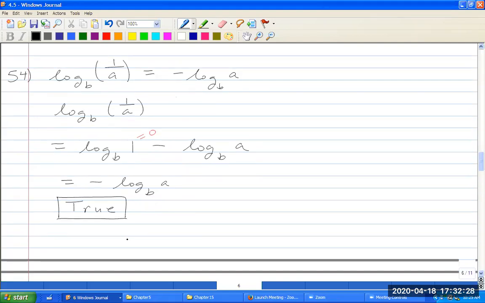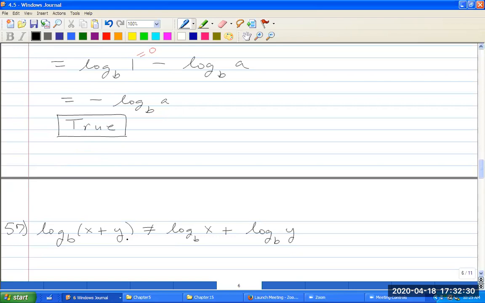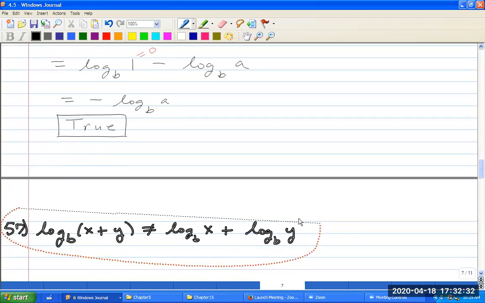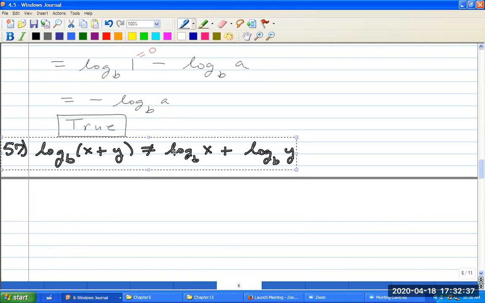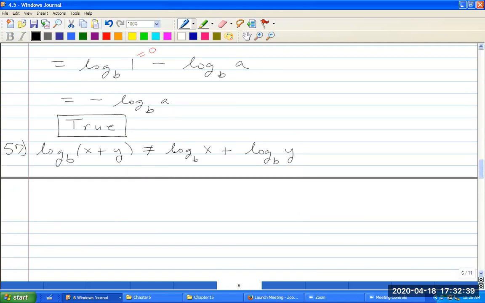Okay. Let's do problem number 54. Log base b of x plus y is not equal to log base b of x plus log base b of y. Yeah, that's certainly a true statement.